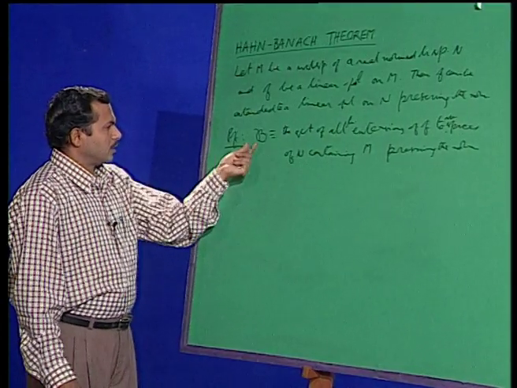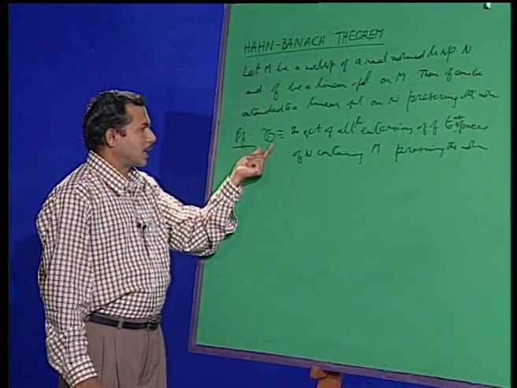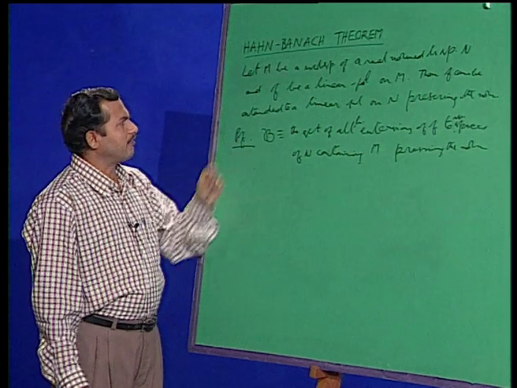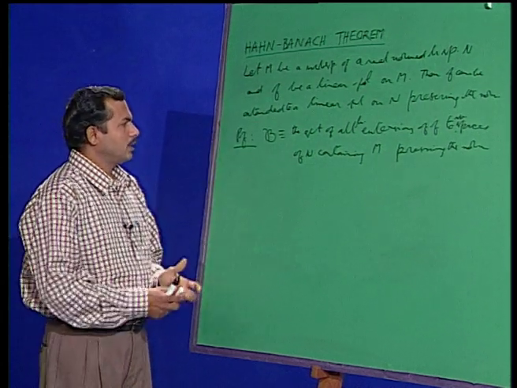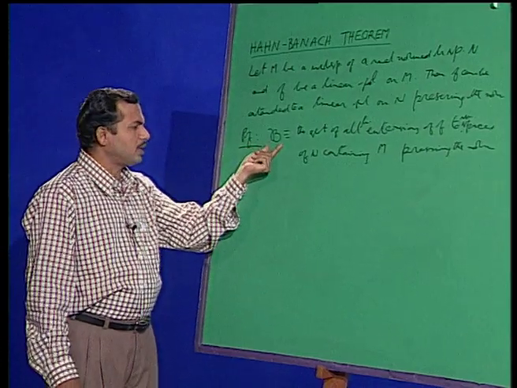And to show that this set capital B is non-empty, we have a lemma called the Hahn-Banach lemma that guarantees that this collection B is non-empty.